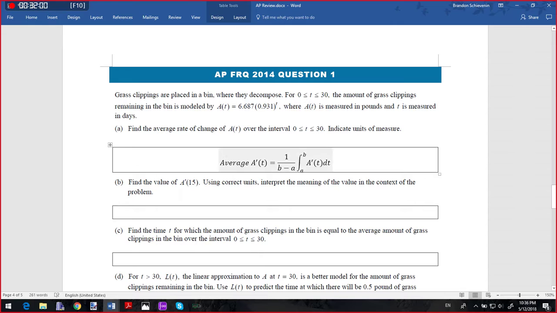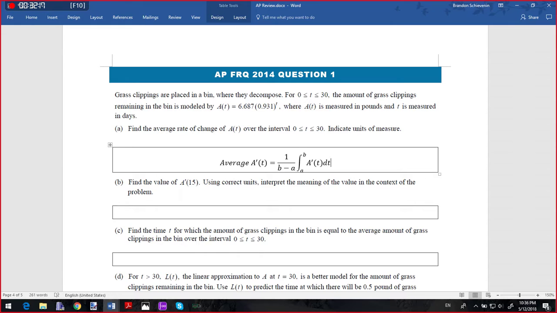Close. I am integrating a derivative. So if I'm integrating a derivative, what's going to happen? The original one. Right, I'm going to get back to the original function.